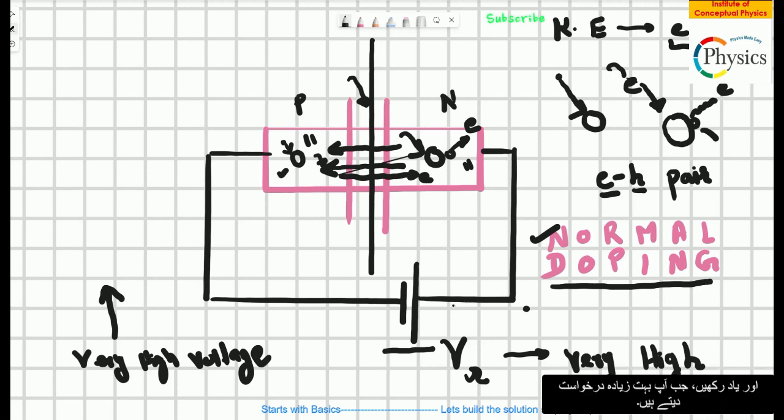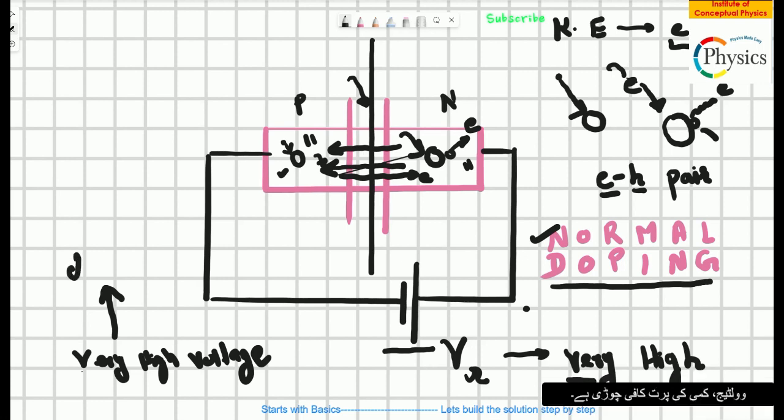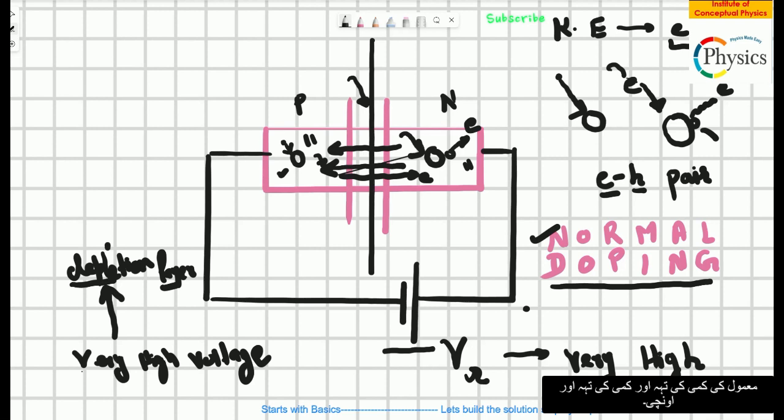And remember, when you apply very high voltage, the depletion layer is pretty wide because it's a normal doping. Only in the case of heavy doping can you get a small depletion layer. In the case of normal doping, the depletion layer is the usual depletion layer, and the high voltage results in a high electric field.